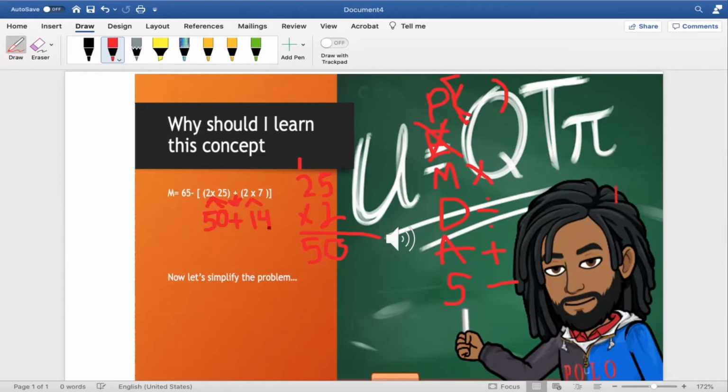All right. Now, are we done yet? No, not by a long shot. What do we do? Now we must go ahead and add what's left inside of our brackets. Go ahead and add our numbers, which is 50 plus 14. What's 50 plus 14?